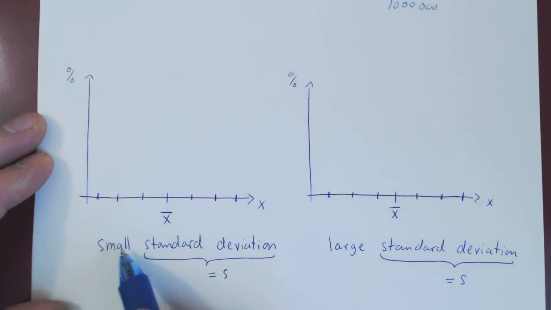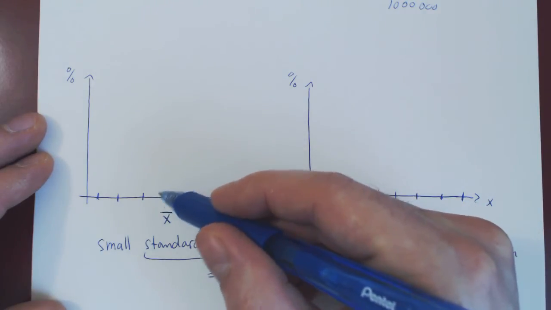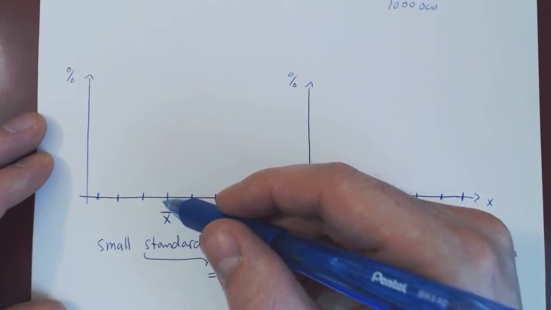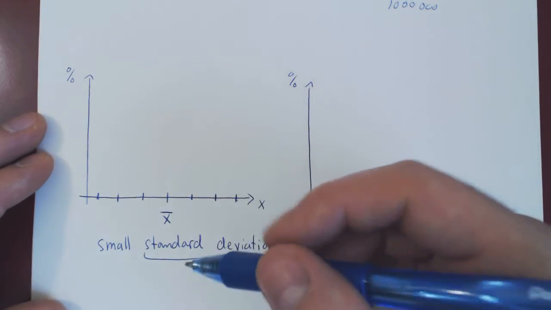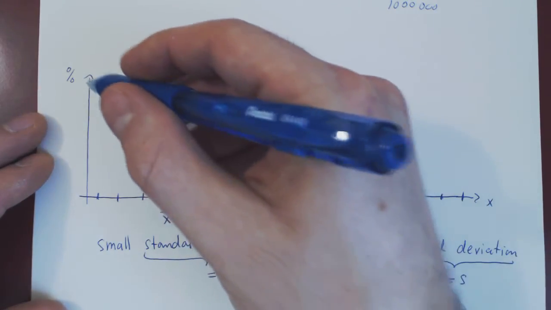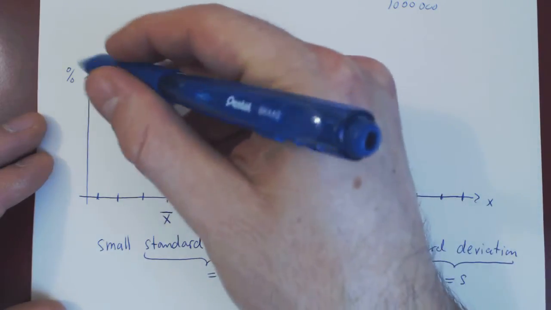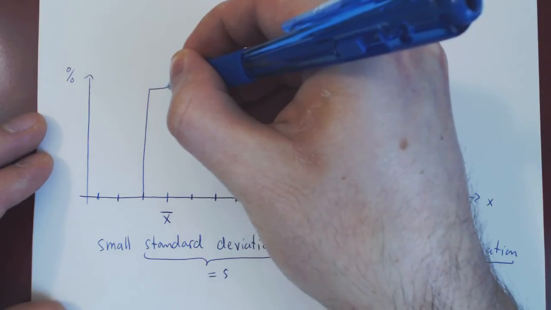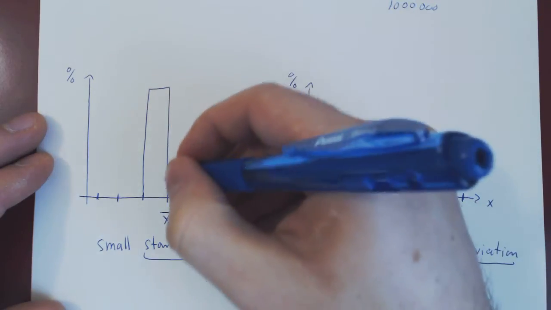So with a small standard deviation, it means that on average, the values are really close to the average value. So most values have to be located around the average value, therefore higher frequencies. And a high frequency means a high vertical bar. So you have these really high vertical bars around the average value.